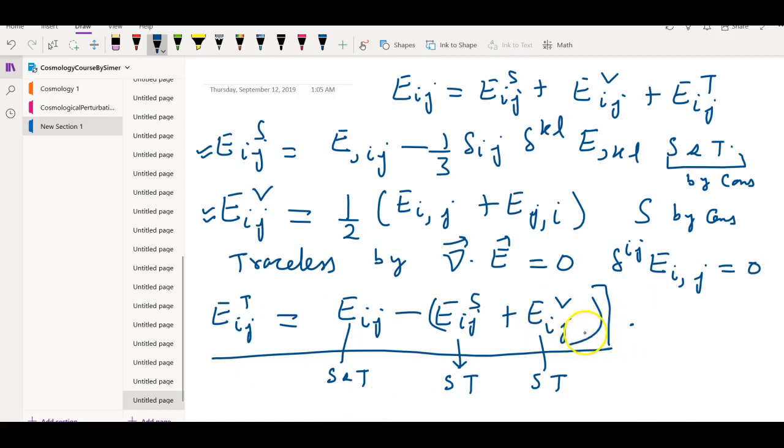Okay, so if the whole matrix is symmetric and traceless, is there any other constraint that we can apply on this matrix?